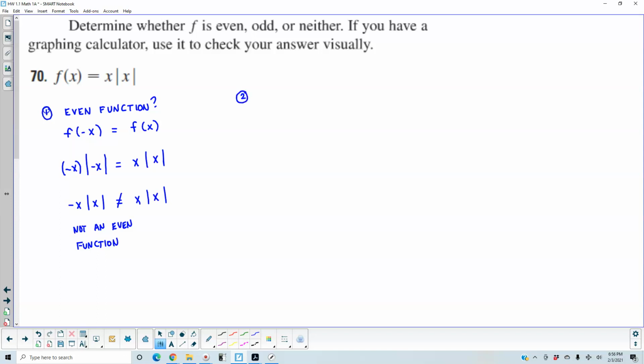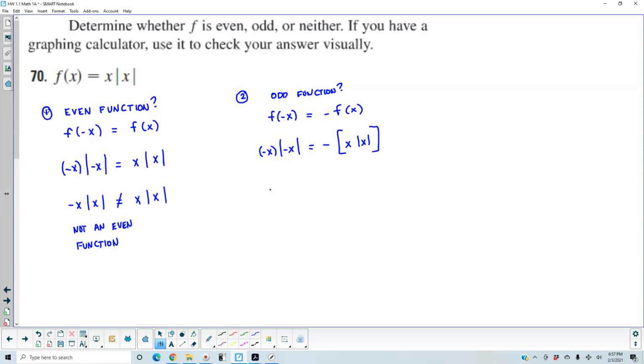Now, if we want to check and see if it's an odd function, we want to find out if f of negative x is going to equal negative times f of x. Well, if we put in negative x into the function, we have negative x times the absolute value of negative x, and that should equal negative times x times the absolute value of x.